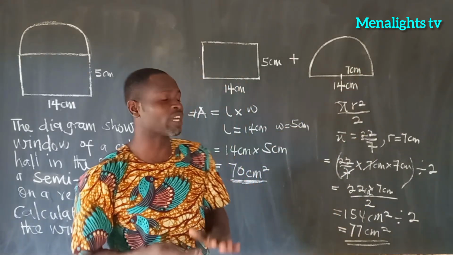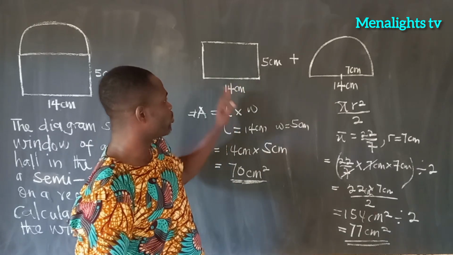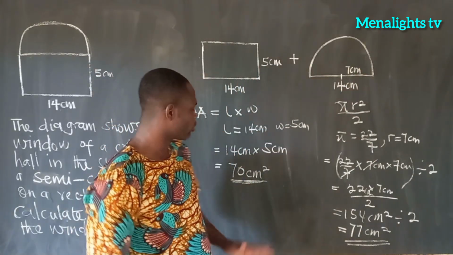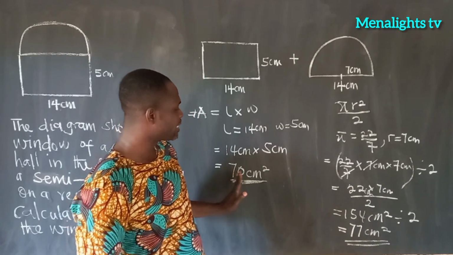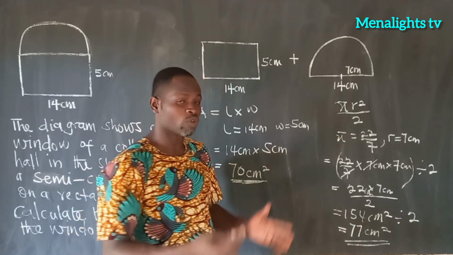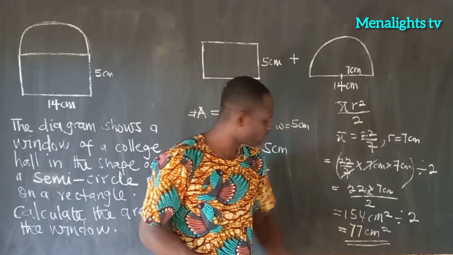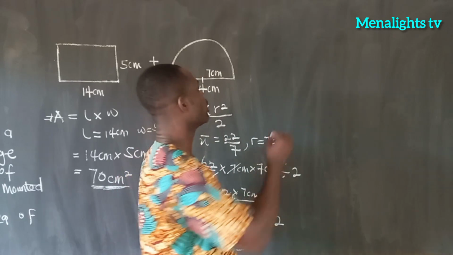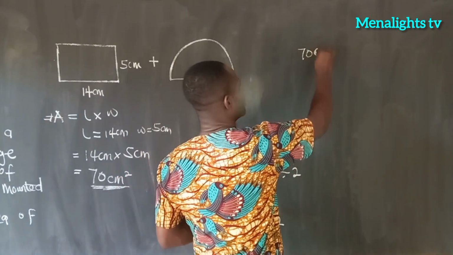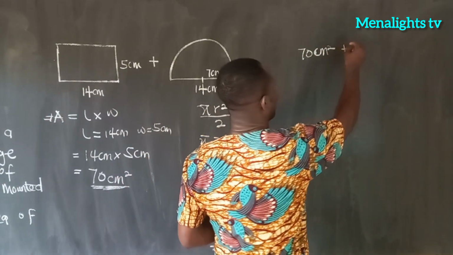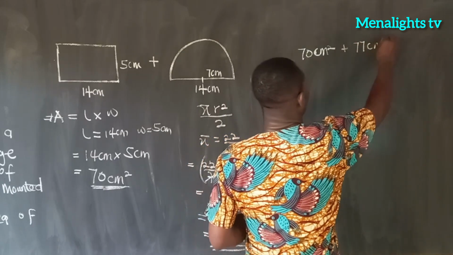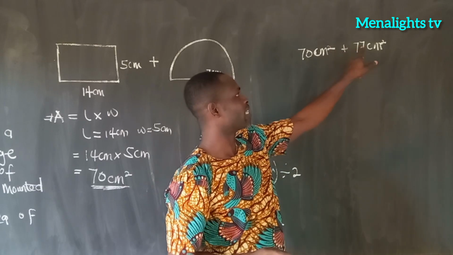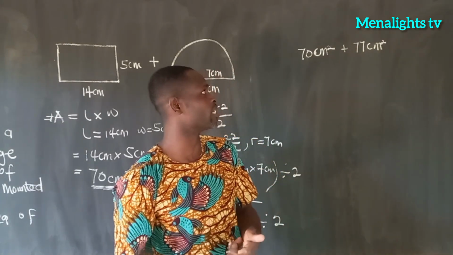Now for us to find the area of the complete shape, it will be the area of the rectangle plus the area of the semicircle. So the area of the rectangle here is 70 centimeters squared, and the area of the semicircle here is 77 centimeters squared.